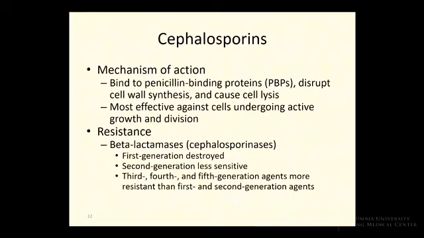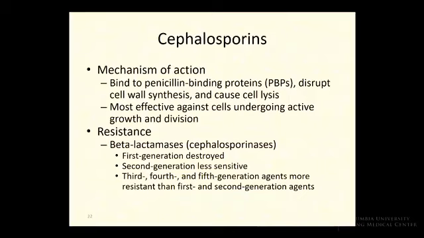There are resistant organisms that can produce beta-lactamases, as we mentioned, and then the different generations of cephalosporins, their primary differences are their sensitivity to the beta-lactamase. So the first generation cephalosporins really are highly sensitive to beta-lactamase.